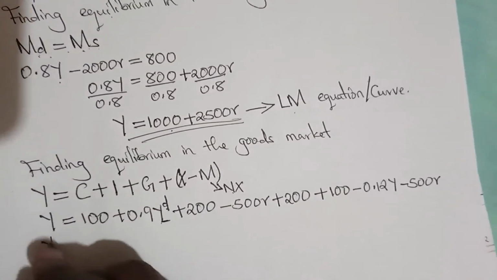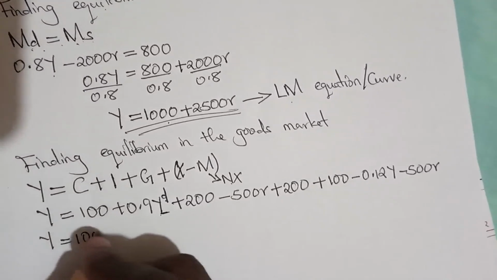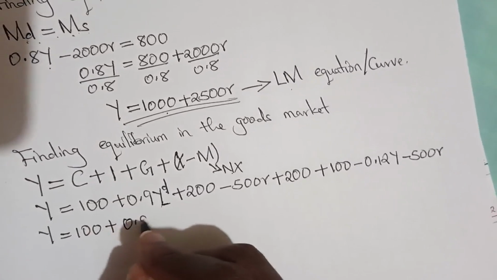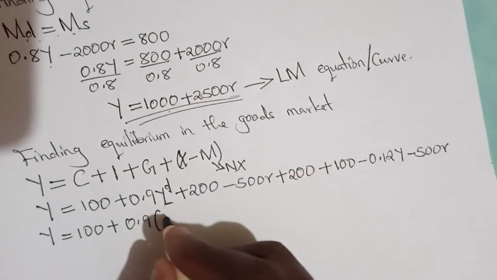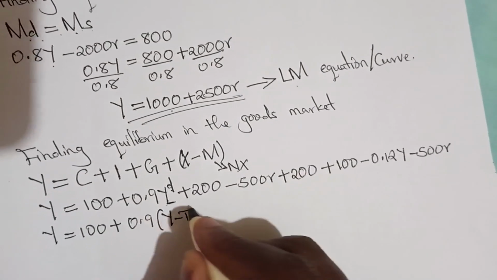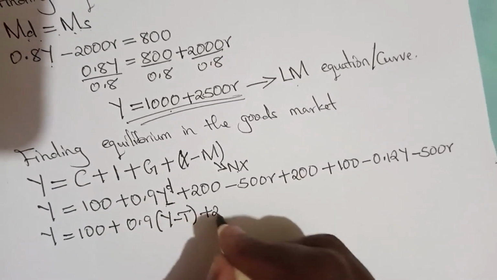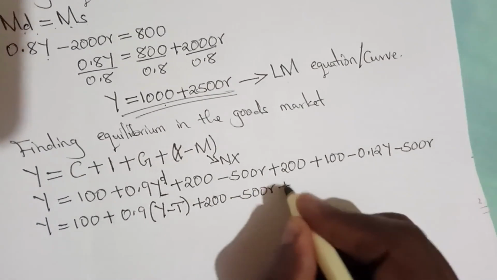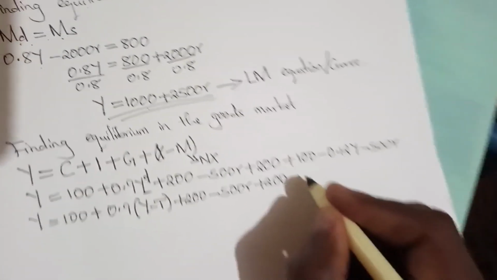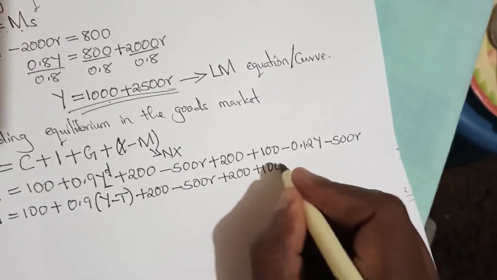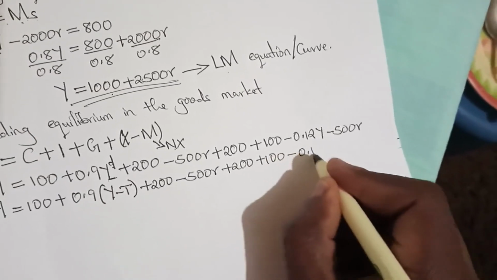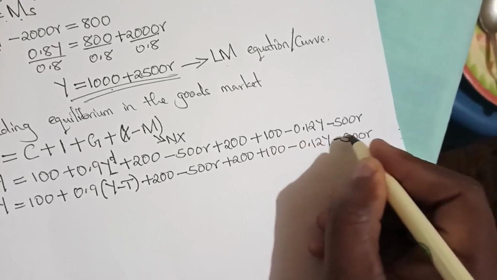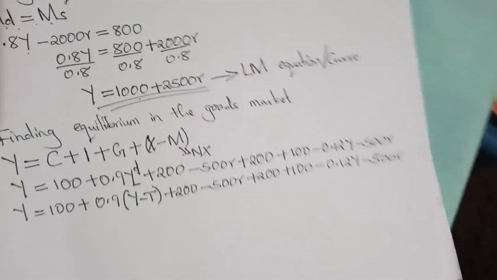So here it becomes Y is equal to 100 plus 0.9, open the bracket, Y minus T, close the bracket, plus 200 minus 500R plus 200 plus 100 minus 0.12Y minus 500R.